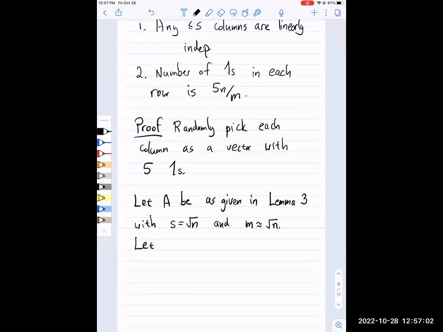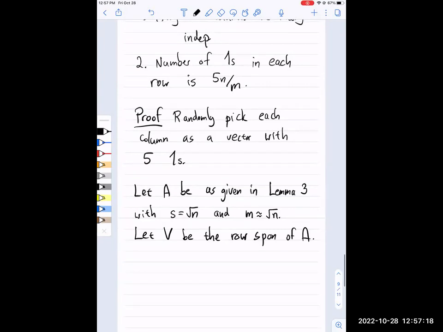Let V be the row span of A. So this is a low dimensional subspace, square root n dimension. And that's the vector I chose, if you remember in the picture, it's the vector of n square root 5. And now any point, this is really the key, the first key idea, right? Any integer point orthogonal to V, kind of by definition, it must form a linear combination of the columns of this matrix because it's orthogonal to its row span.